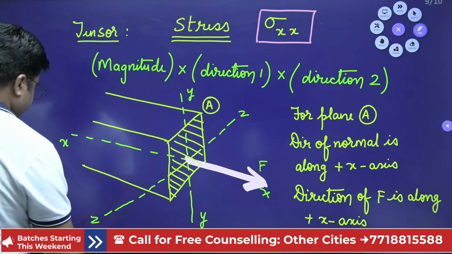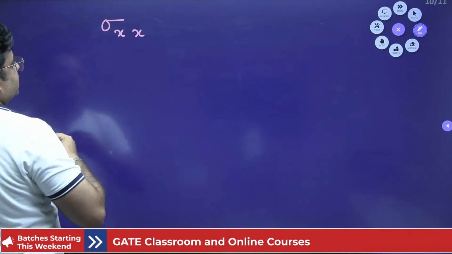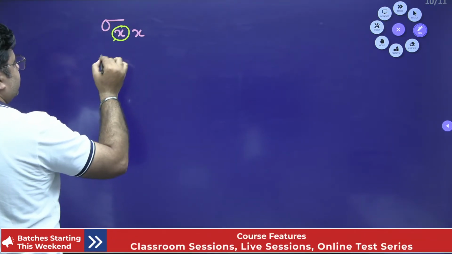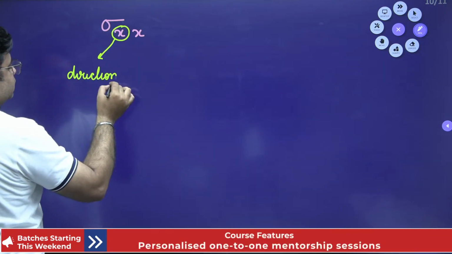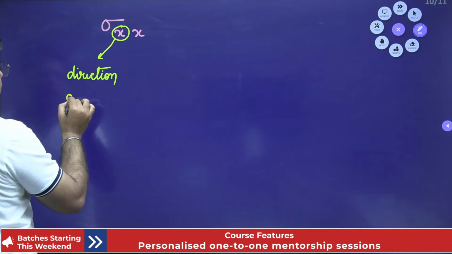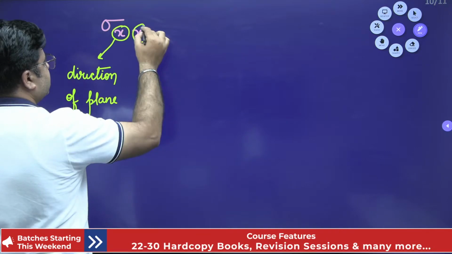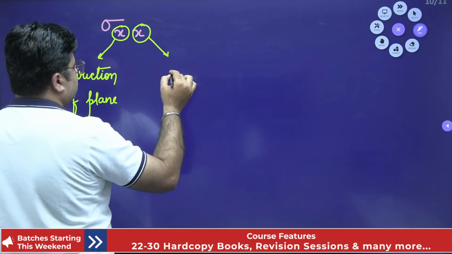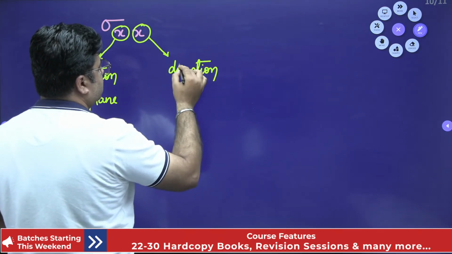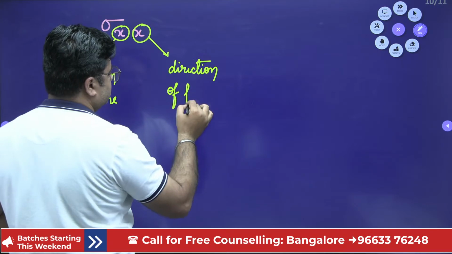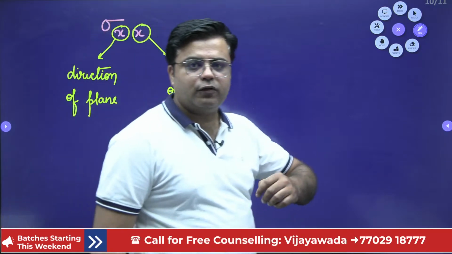So sigma xx: this represents the direction of plane, and this represents the direction of force, right?